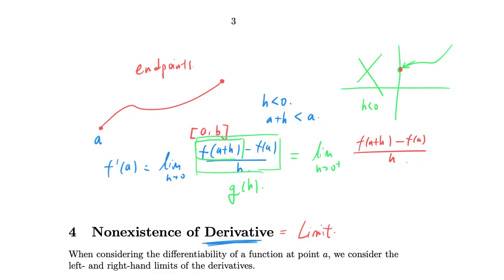In this case, that would just be equal to the right-hand derivative, if it exists. Sometimes the right-hand derivative might also not exist, in which case the whole derivative would not exist. But for endpoints like a and b, you still take the one-sided derivative for it to exist.